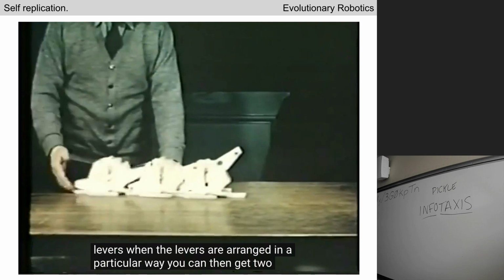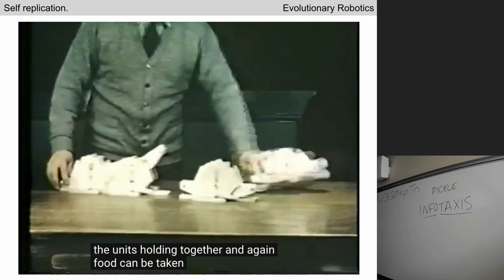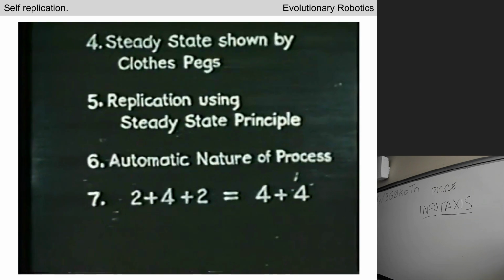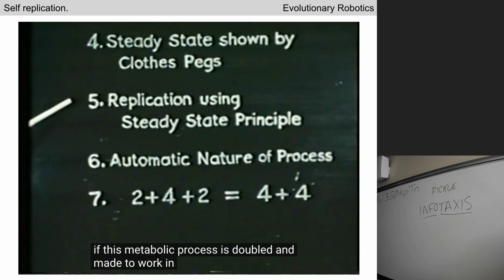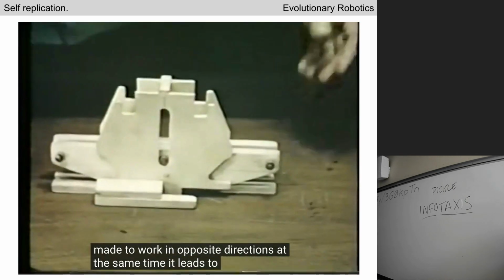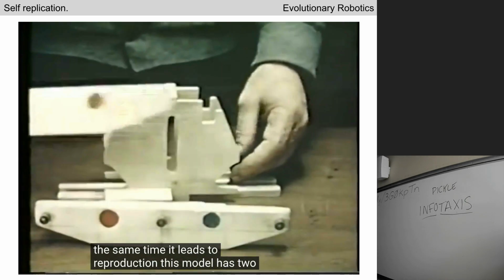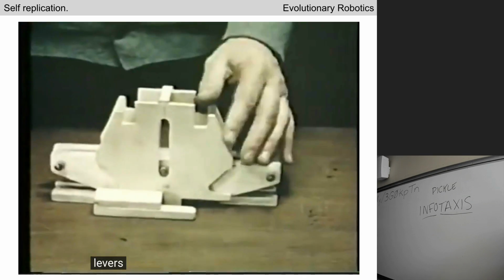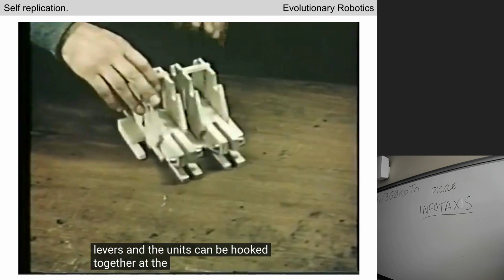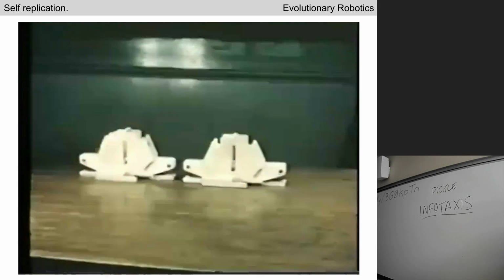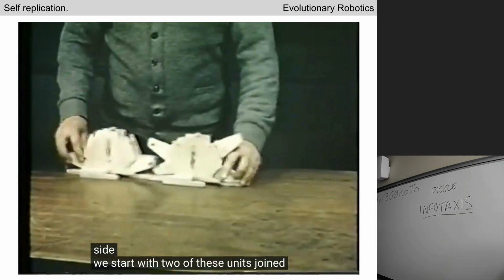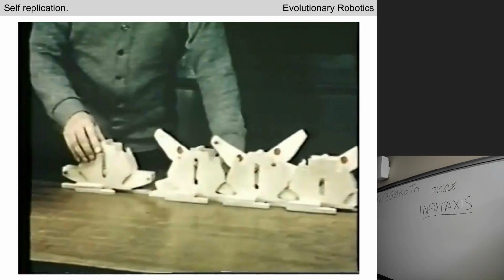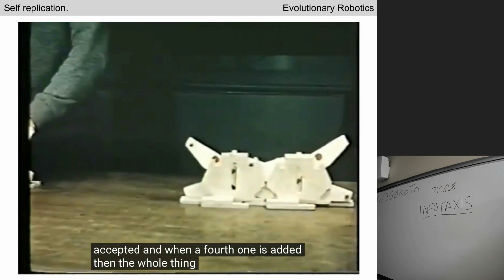You can read the details in the reading for today. These mechanisms, as you're going to see in a moment, are capable of replication. So here's a 2-unit, a 3-unit, and now two units.